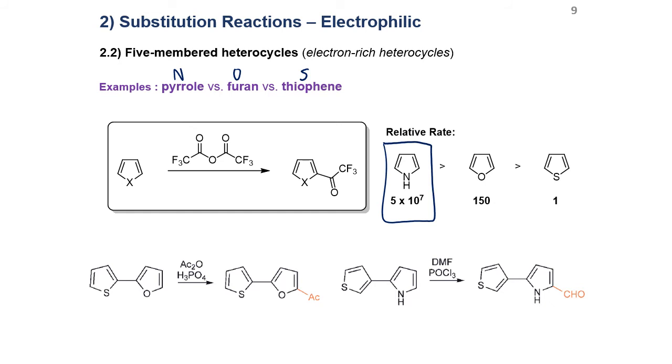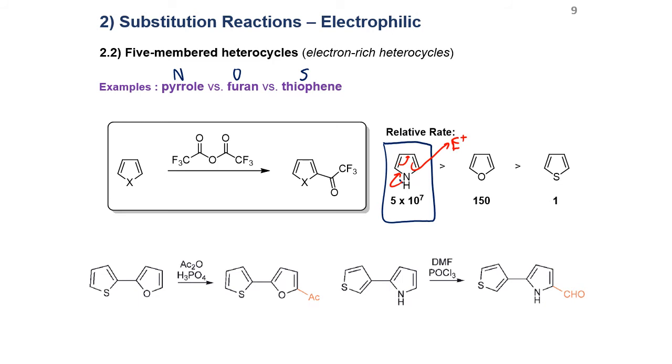This is because if you compare nitrogen and oxygen, nitrogen has lower electronegativity than oxygen, and therefore the lone pair of nitrogen is much more available to give to an electrophile than oxygen. This is similar to comparing the basicity of amines and alcohols.